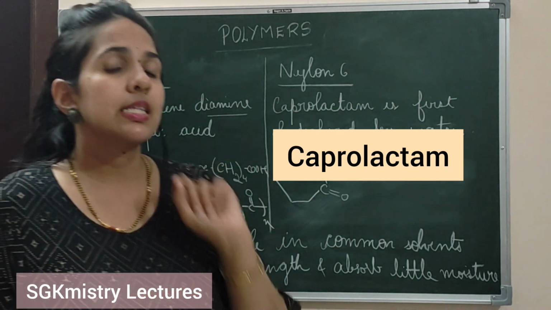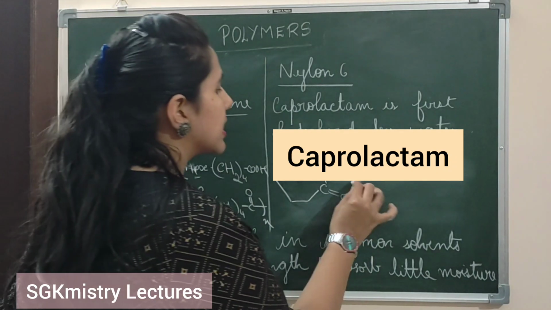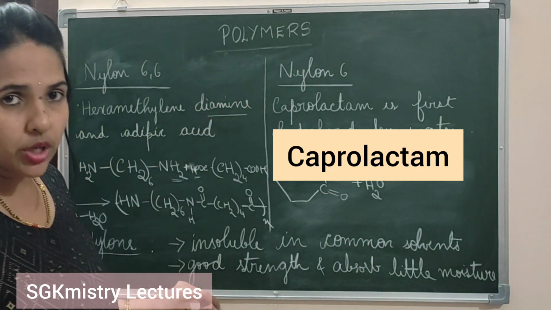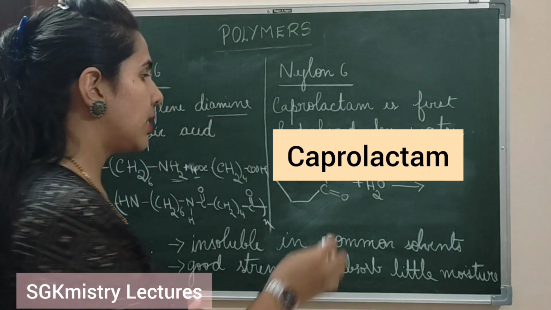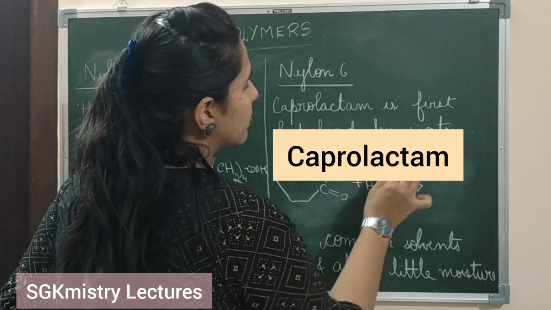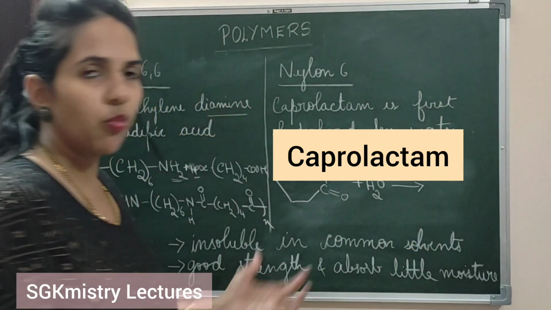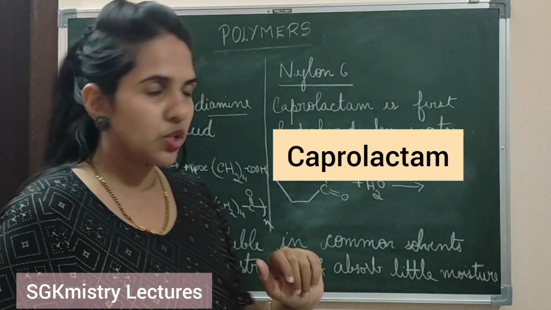So in the first step, the hydrolysis takes place. Hydrolysis, we know, is the reaction with water for the breakage of bonds. Here the reaction takes place at high temperature, between 533 to 577 Kelvin, to give the open chain structure.